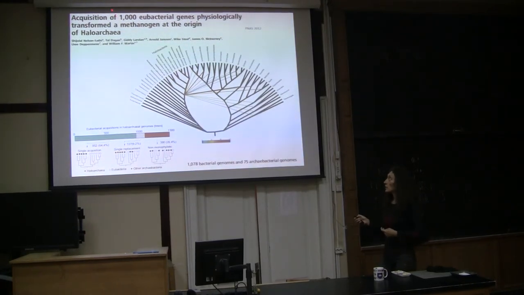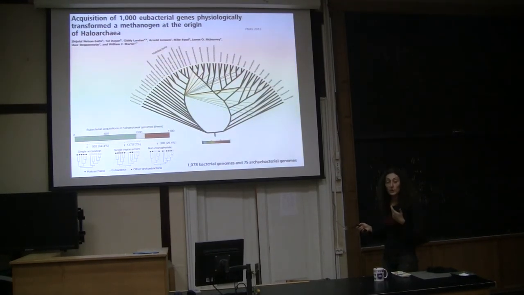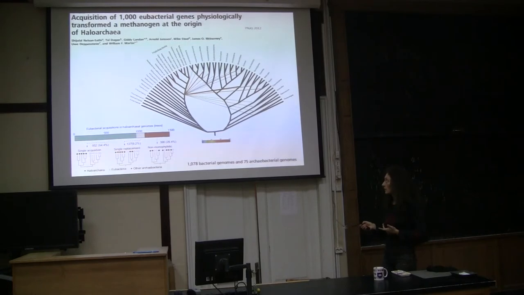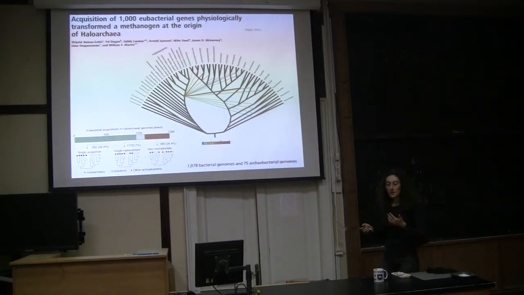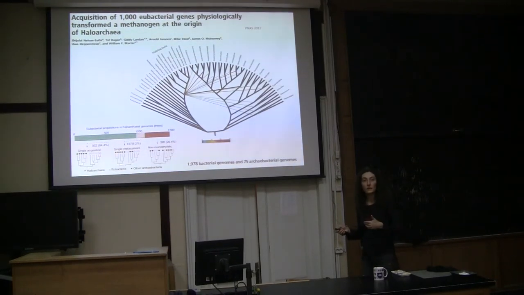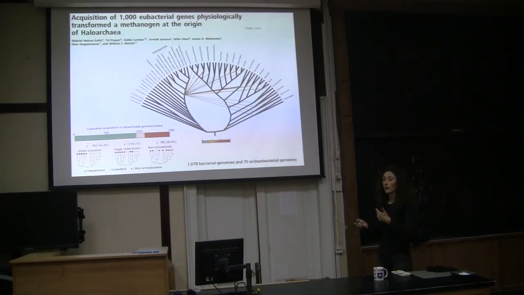They showed that the ancestor of haloarchaea, which was a methanogenic archaea, had acquired massively, roughly up to 1,000 genes from bacteria, and they said that these genes were very important in facilitating the passage from an anaerobic metabolism, the methanogens, to an aerobic respiration mode, which is what the haloarchaea use.